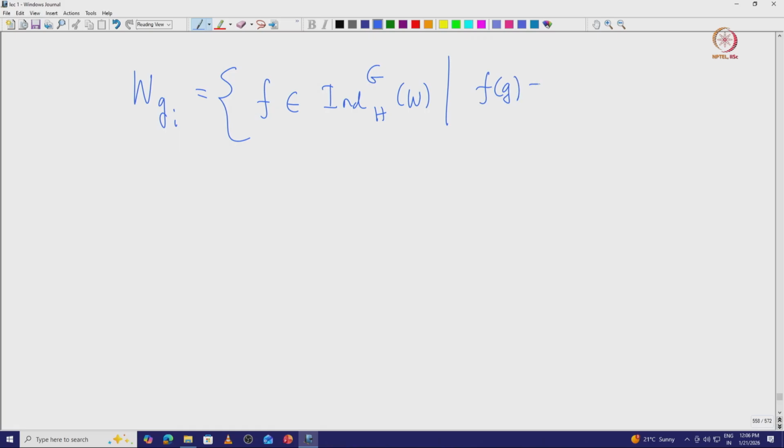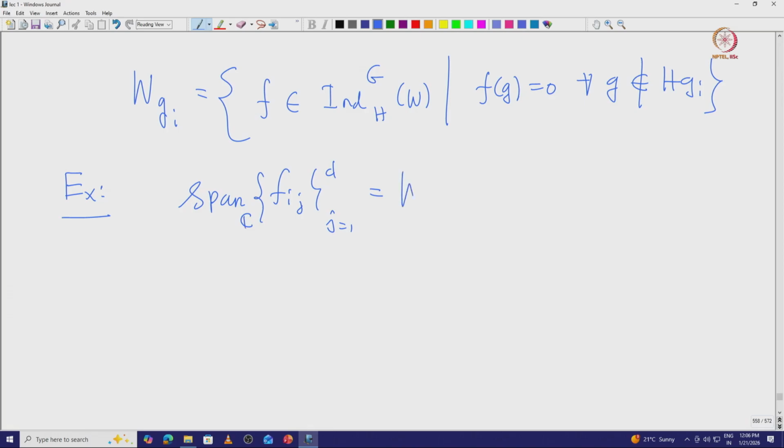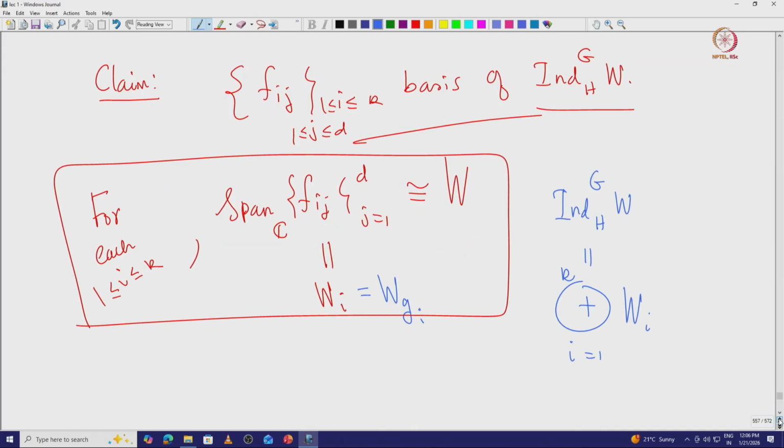So f of g is 0 for all g not coming from h g_i. Then it will follow, and I will leave it as an exercise because it is built into the proof, that the span of f_ij where j ranges from 1 to d is indeed W_{g_i}. If you combine these two results, then this induced space can be factorized as a direct sum of the W_i.